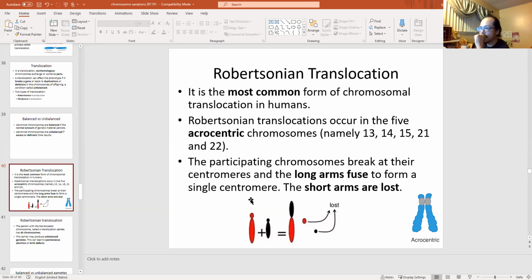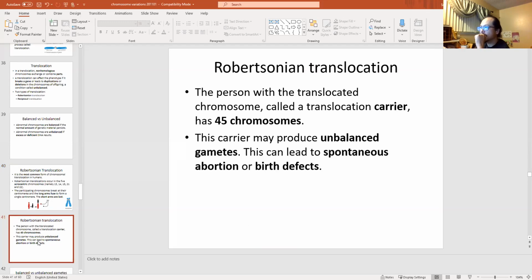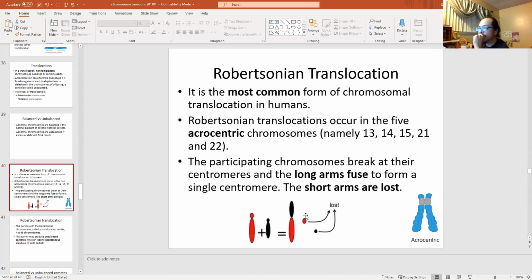The person with this Robertsonian translocation is a carrier, and there are no noticeable defects, because the short arm doesn't carry essential genes.